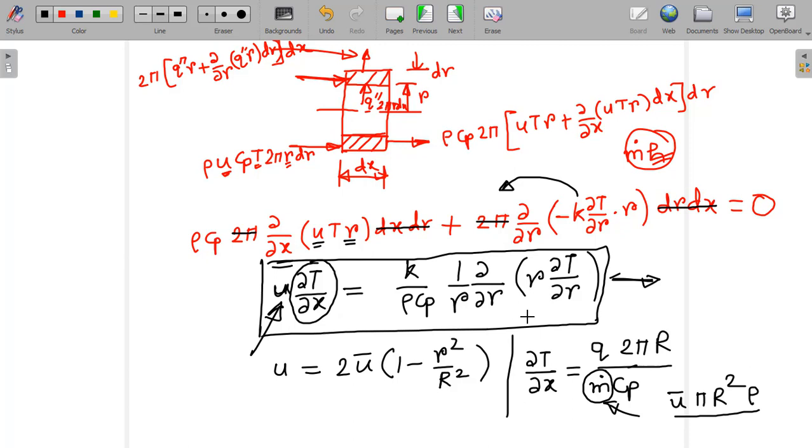So temperature as a function of r you will be able to find out. Definitely you require the boundary conditions for the temperature to find out the integration constant.